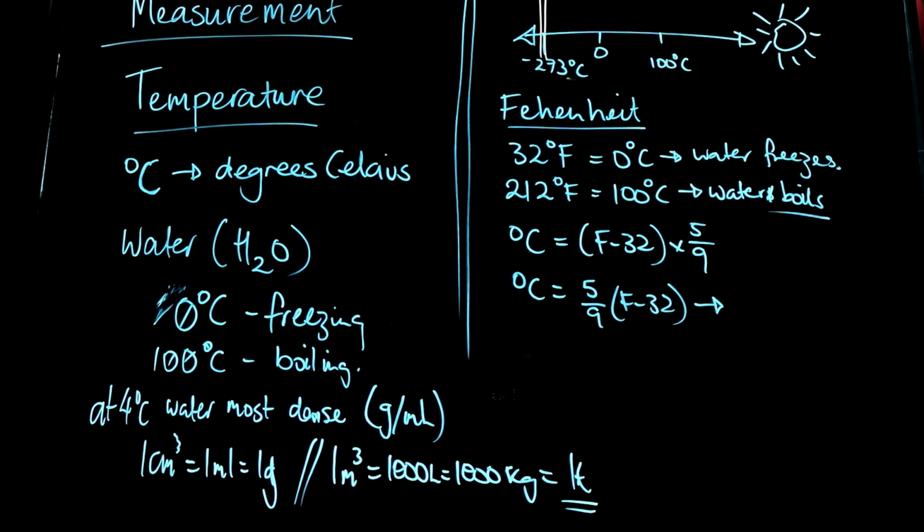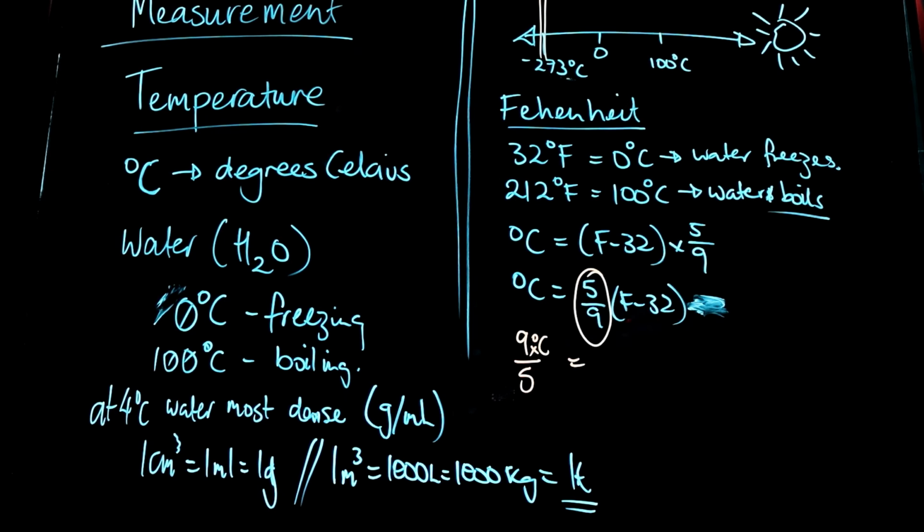And why I like doing that is because when I convert between the two, I'm going to do it in a different color, and I'm going to do it underneath actually. I like to multiply by the reciprocal here. So that is going to be the same thing as 9 over 5 times the degrees Celsius.